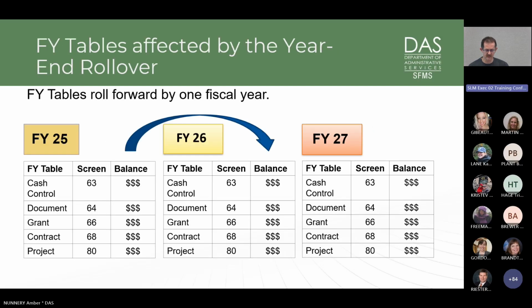The fiscal year tables affected by these programs are the cash control, document financial, grant financial, contract financial, and project financial. The R-star screen numbers are shown on this slide. All balances in those tables will be rolled forward from fiscal year 25 to fiscal year 26.